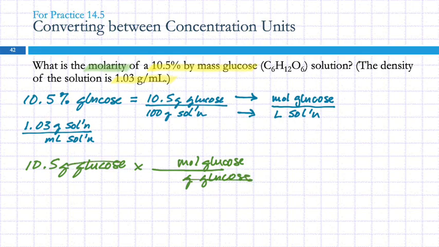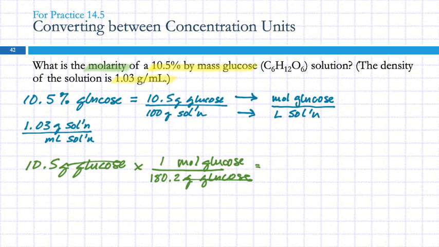So grams per mole, we need the molar mass, right? I'm not going to write it out because we should be okay with molar masses by now. 6 times the mass of carbon, which is 12.01, plus 12 times the mass of hydrogen, 1.008, plus 6 times the mass of oxygen, which is 16, 180.2 grams of glucose is equal to 1 mole of glucose.